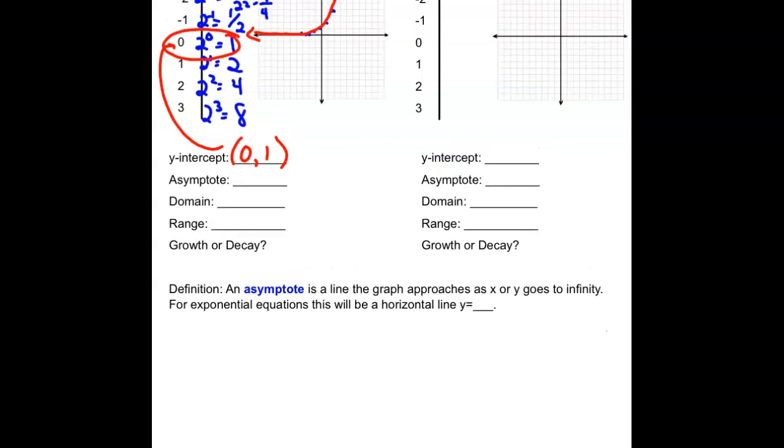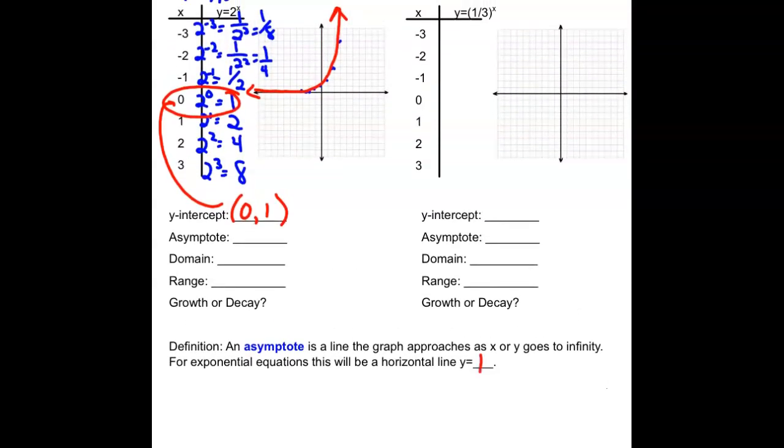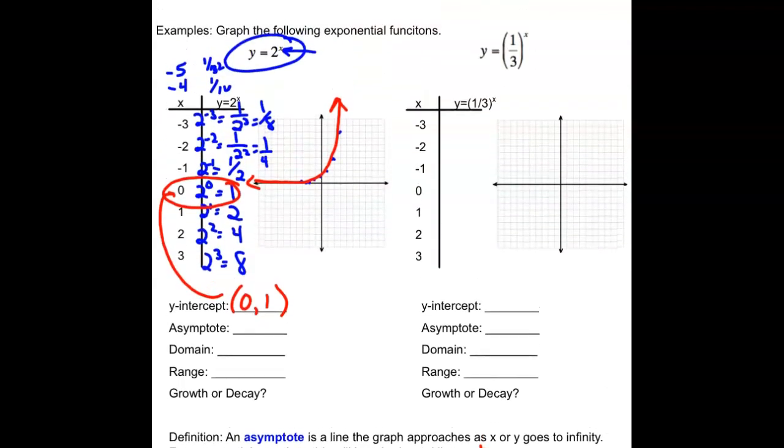For exponential equations, this is just going to be a horizontal line, y equals some number. Okay, so where is it leveling off? Where does my graph approach a horizontal line? And you should see that it's getting closer and closer and closer here to this x-axis. So my asymptote is actually the x-axis, which has the equation y equals 0.